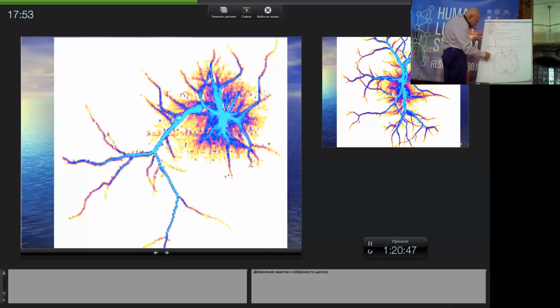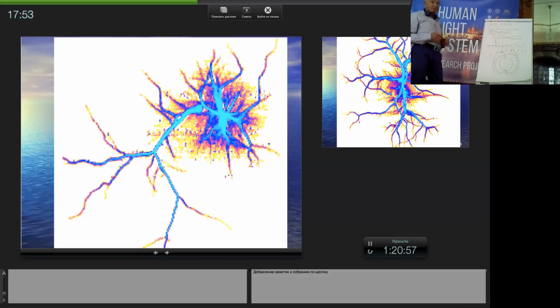Plus, we have the Moon here. The Moon has a tremendous effect on life. It's understandable. The Moon creates tides, big tides. What does tide mean? It means movement of water, what we have inside of us.